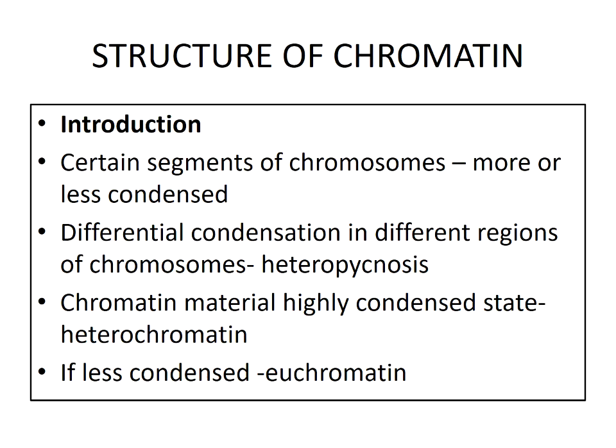The chromatin material which remains in a highly condensed state throughout the divisional cycle is called heterochromatin. If the chromatin material remains less condensed, extended or less coiled, we call it euchromatin.